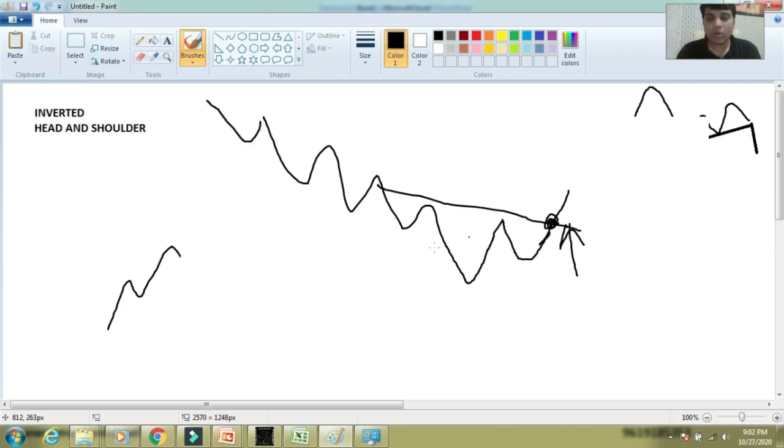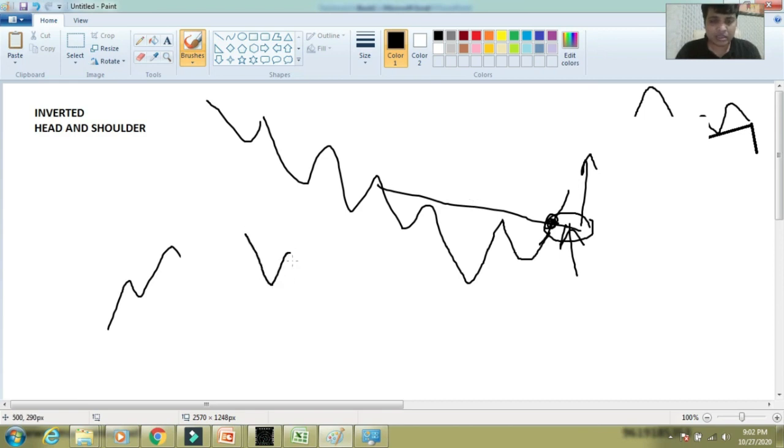It should happen at the end of the wave. If such a condition is formed and there is volume in this area, we expect this pattern will have its significance, and the market will tend to move higher from here.